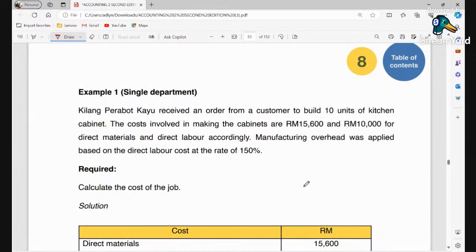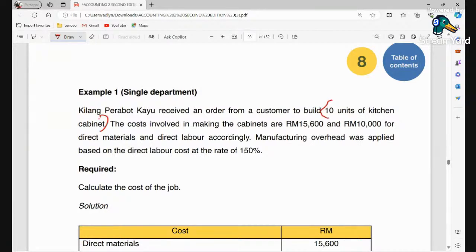Kilang perabot kayu receive an order from a customer to build 10 units of kitchen cabinet. If you have any question, you can actually write in the chat, so I can actually jawab terus lah. Yang ini dia nak minta 10 unit sahaja.